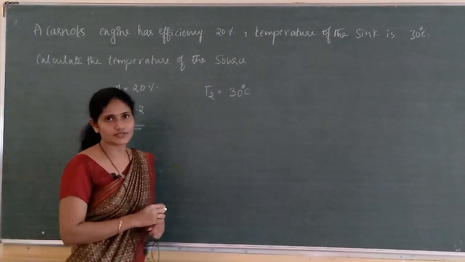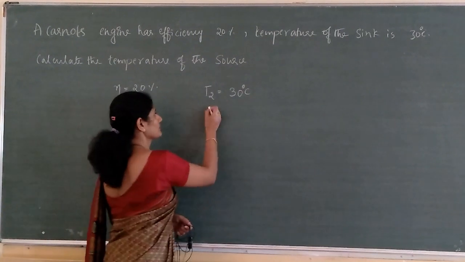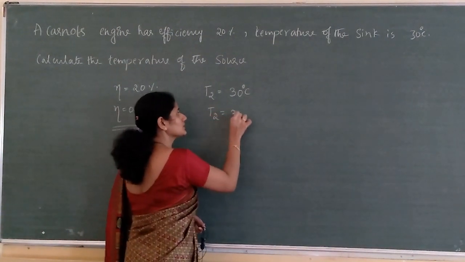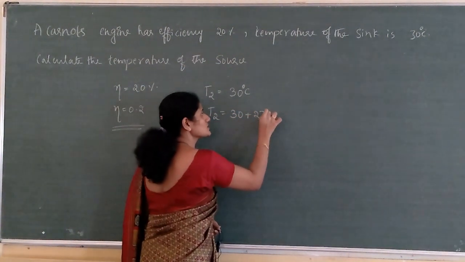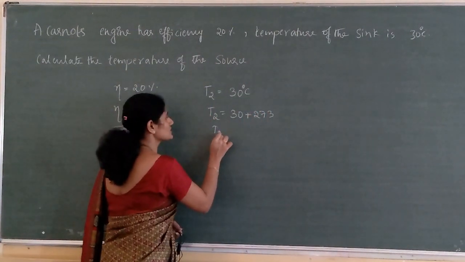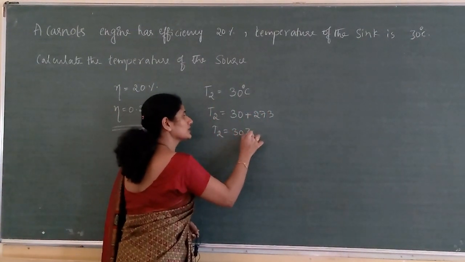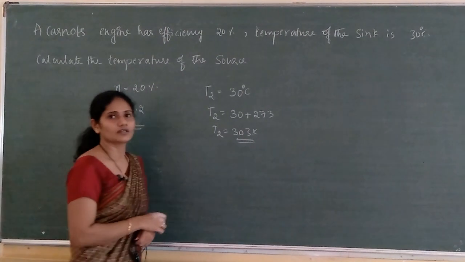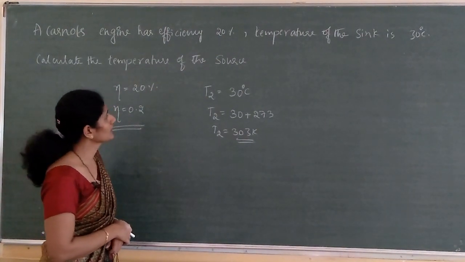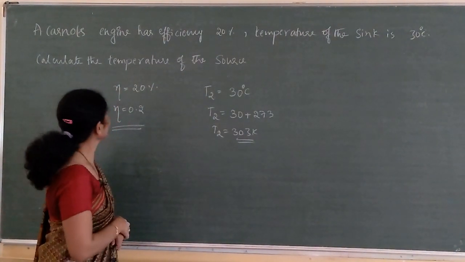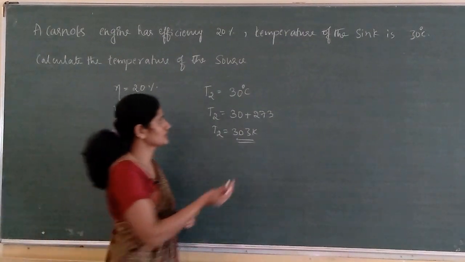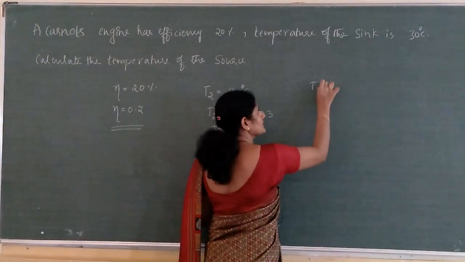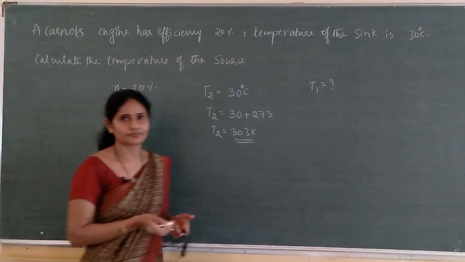It is in degrees Celsius, convert into Kelvin. So, T2 is equal to 30 plus 273, or T2 is equal to 303 Kelvin. Calculate the temperature of the source, that is we have to calculate the value of T1.